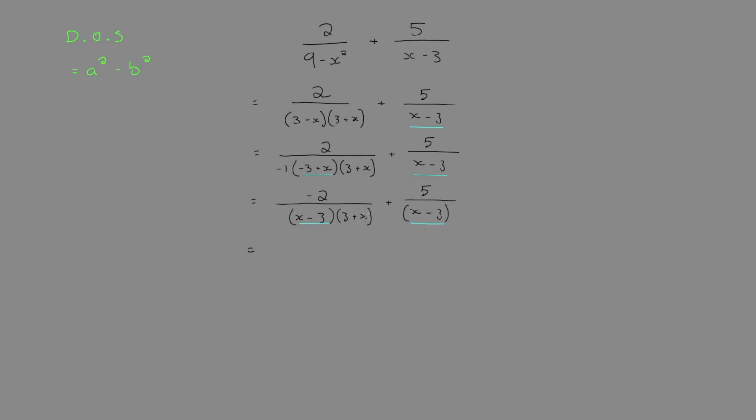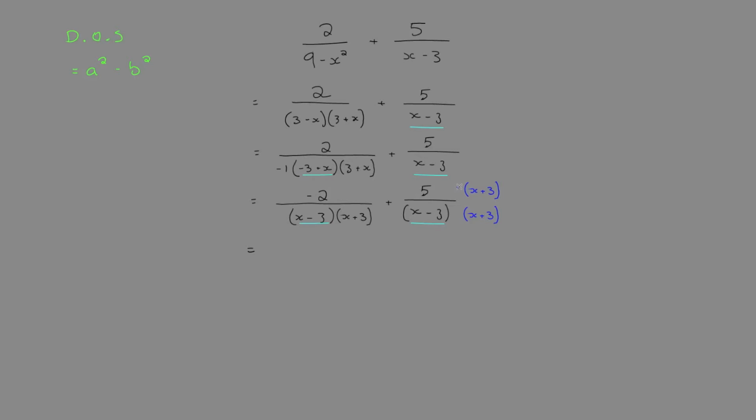What's next? Make a common denominator with our 3 plus x, or our x plus 3. Let's just write this as x plus 3. It's typically the way we write our binomials, with the variable first. So we need to put that on this other fraction. How do we get it so that the bottoms are the same? So we're going to multiply the top and the bottom of this fraction that doesn't have it by our x plus 3.